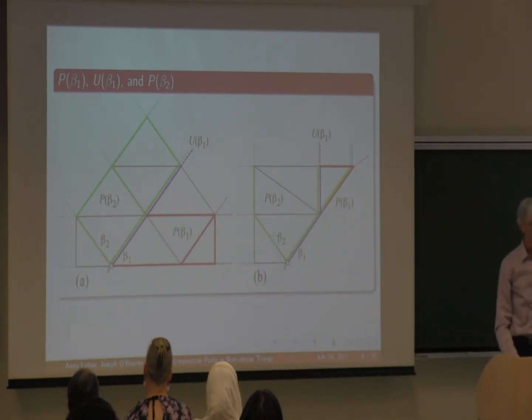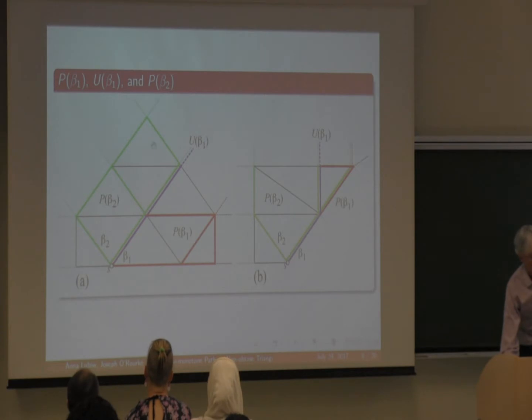And we want to look at how the two sets that are reachable for these two adjacent betas, in this discretization of the continuous rotation, relate to one another. And in particular, we want to look at how the upper end of beta 1 relates to the lower end of beta 2.